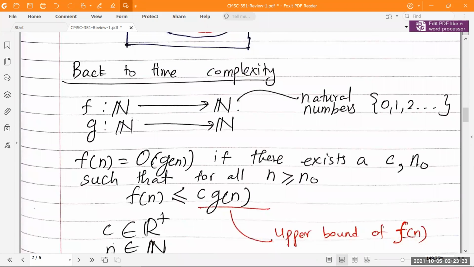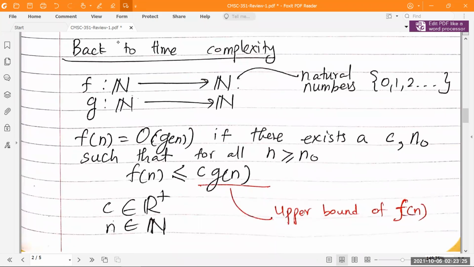Moving on, let's come back to complexity. When we are talking about complexity, we are talking about functions from natural numbers to natural numbers. What are natural numbers? They are numbers such as 0, 1, 2, 3 up to infinity. Some definitions say that natural numbers start only from 1.